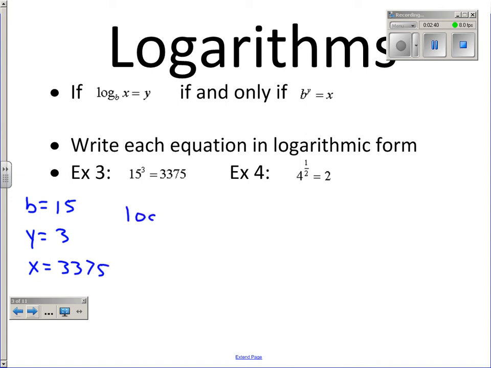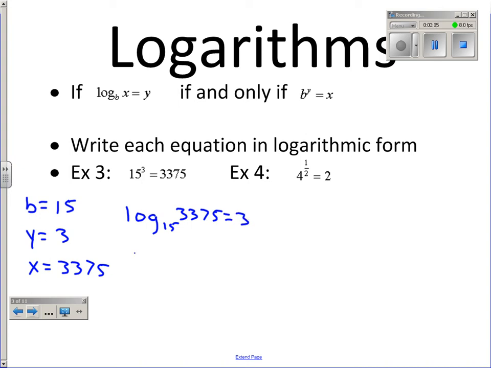So we're going to do log 15. x is next, so 3,375. Notice where I put that 15, I put it lower. It's a subscript. Make sure that that 15 is lower. Equals 3. So how are we going to read this?